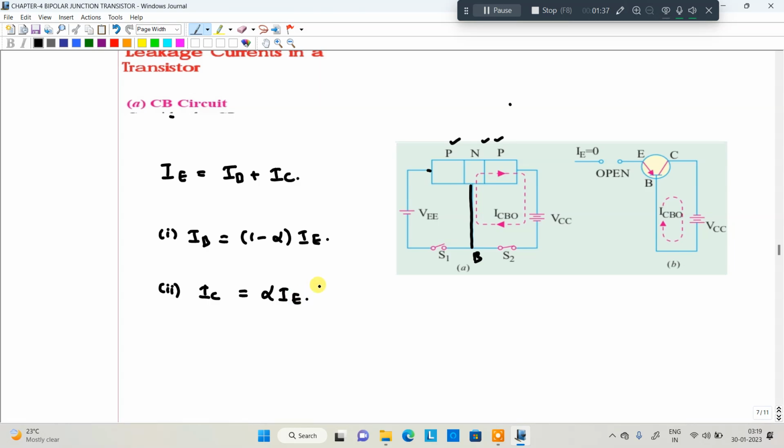So these are the two currents constituted by the common base configuration. The combination of base current plus collector current is equal to the emitter current.